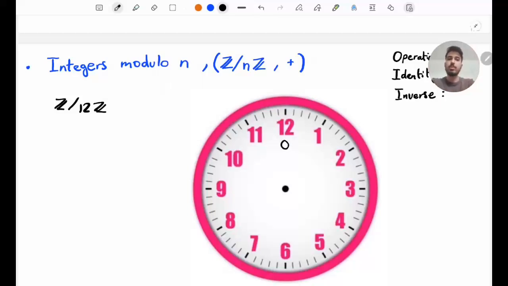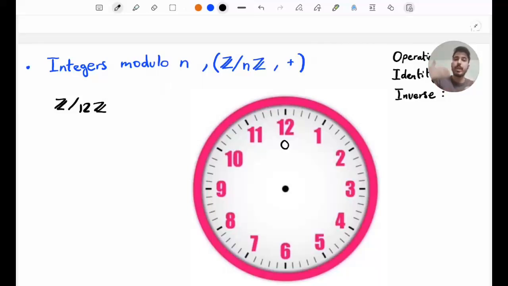We go 1, 2, 3, all the way back up to 12. But we don't really say 13, at least not in 12-hour format. We go back to the number 12 or the number 0. So we say it's 0 hours.